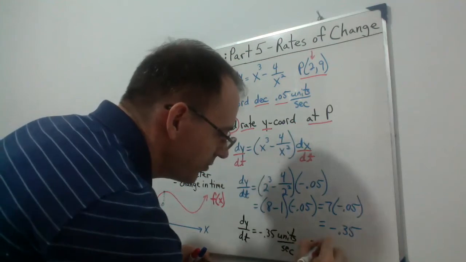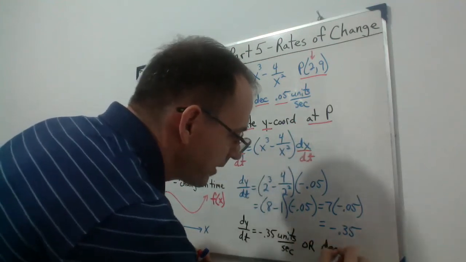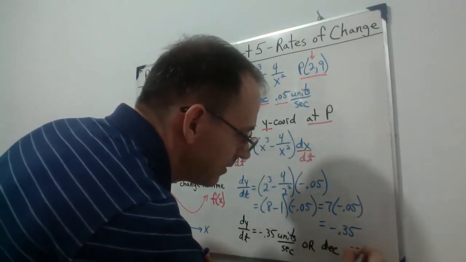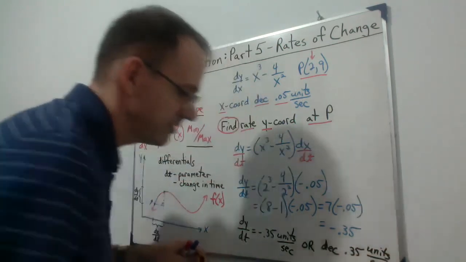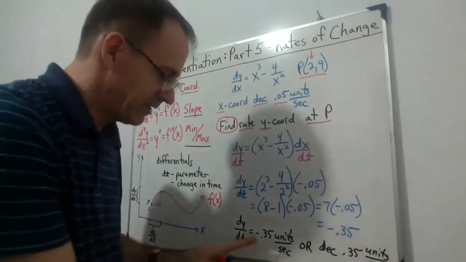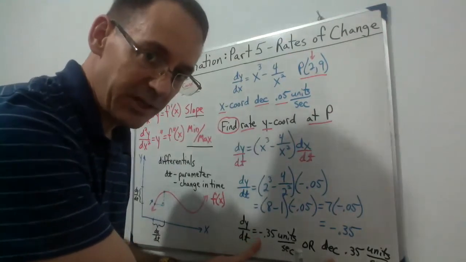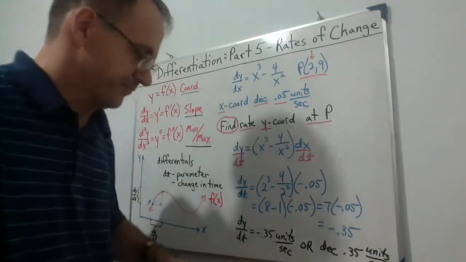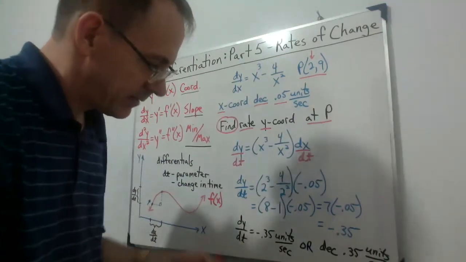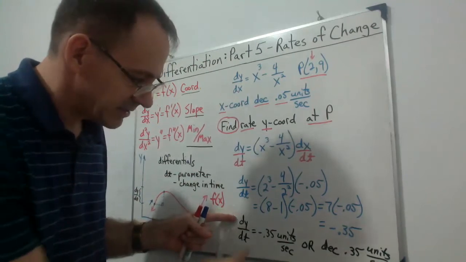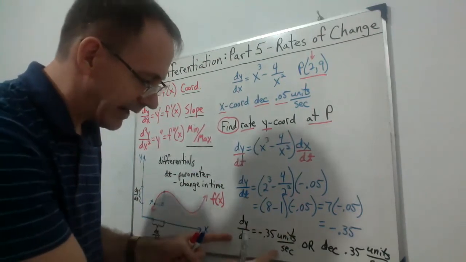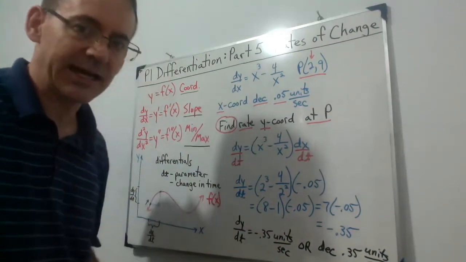Or you could also say it's decreasing at 0.35 units per second. So it doesn't really matter. Again, you have to put one of them, either decrease or the negative. And it's units per second. So the y-axis, 0.35 units along the y-axis per 1 second of time.